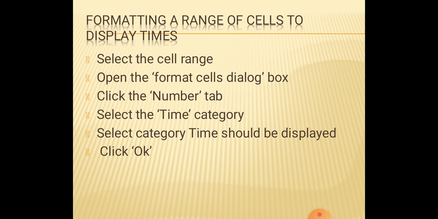Next one is formatting a range of cells to display times. Like date, we have the time option also. In the same way, you select the Format Cells dialog box, Number tab, Time category, select how you want your time to be displayed, and finally click OK.